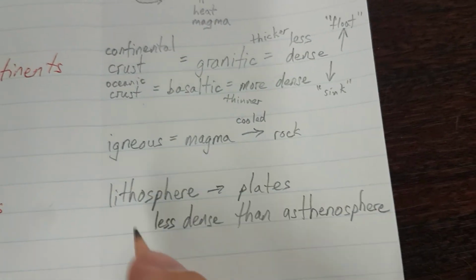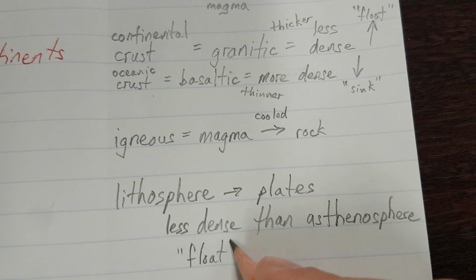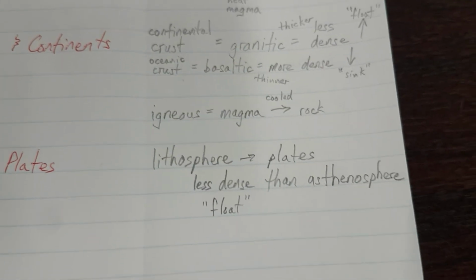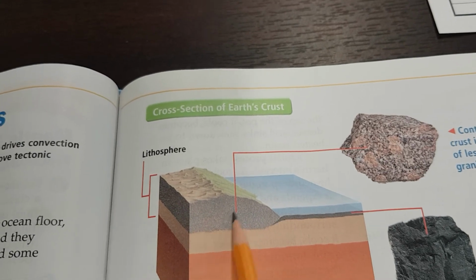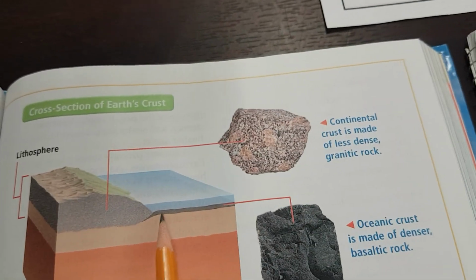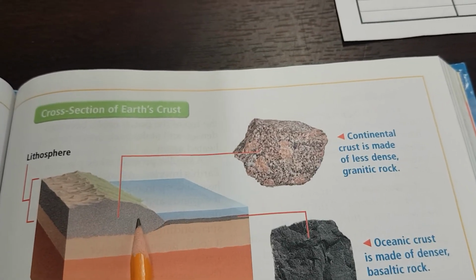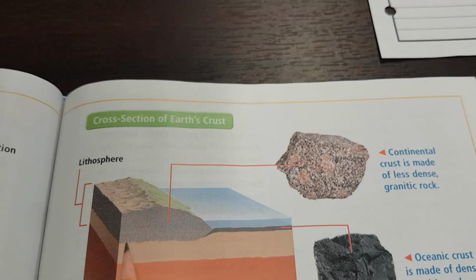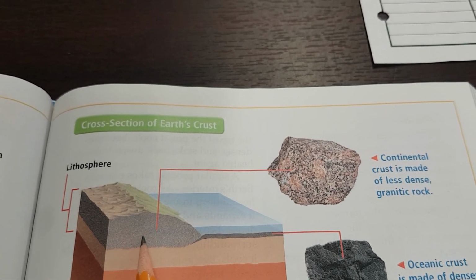Asthenosphere. So it tends to float. F-L-O-A-T. Alright, so the crust, either the continental crust, which is granitic, or the oceanic crust, which is basaltic, is solid and hard rock. Both of those combined with this upper part of the mantle are the lithosphere.